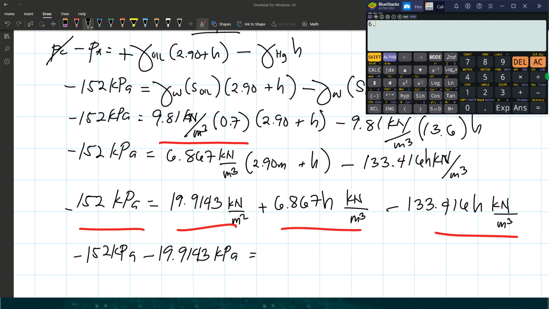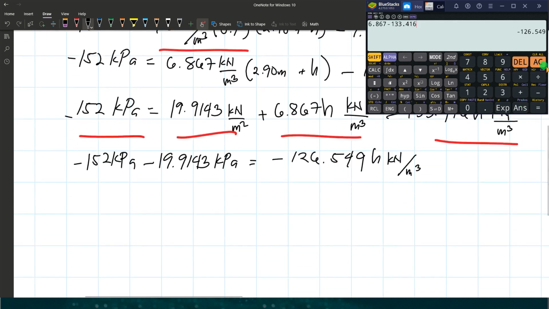So 6.867 minus 133.416, that's negative 126.549 H, kilonewtons per cubic meter.